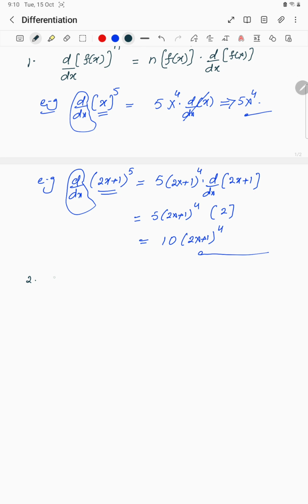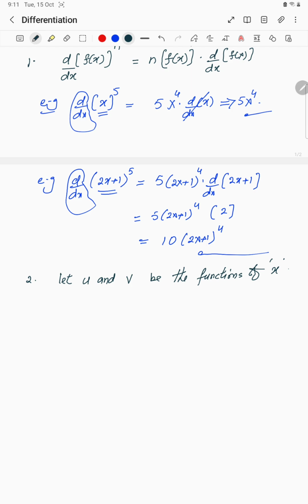Here this time, suppose let u and v be functions of x. It means they are not constant with respect to x. We can differentiate them.